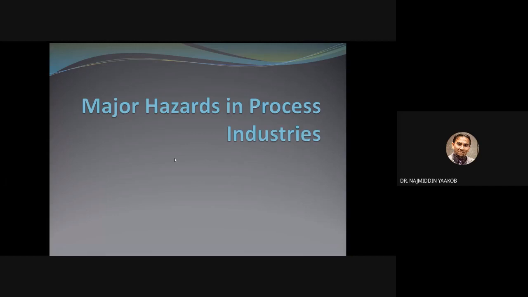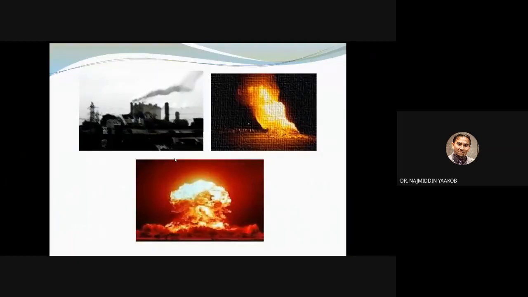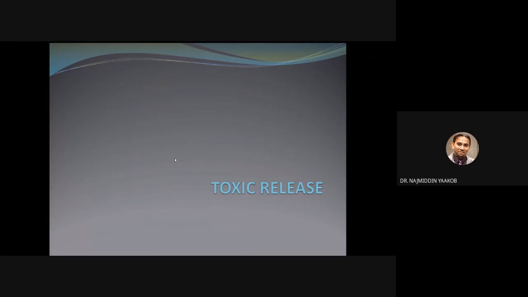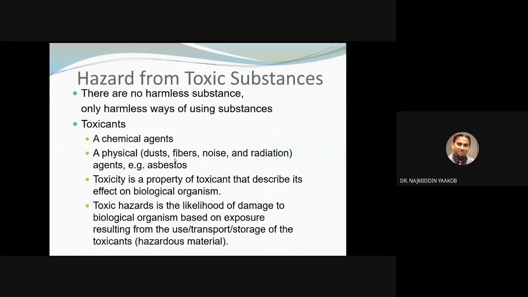Next, we go on to the major hazards in the process industry, where the 3 main major hazards come from toxic release, explosion, and fire. Toxic release comes from a toxicant. So what is a toxicant?